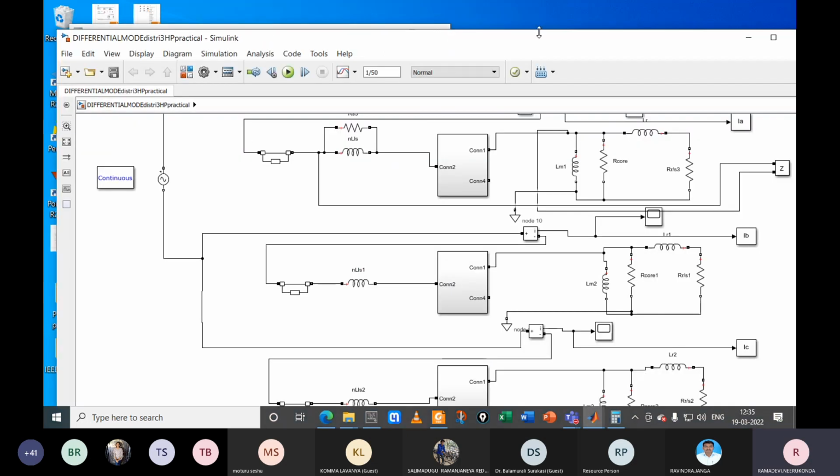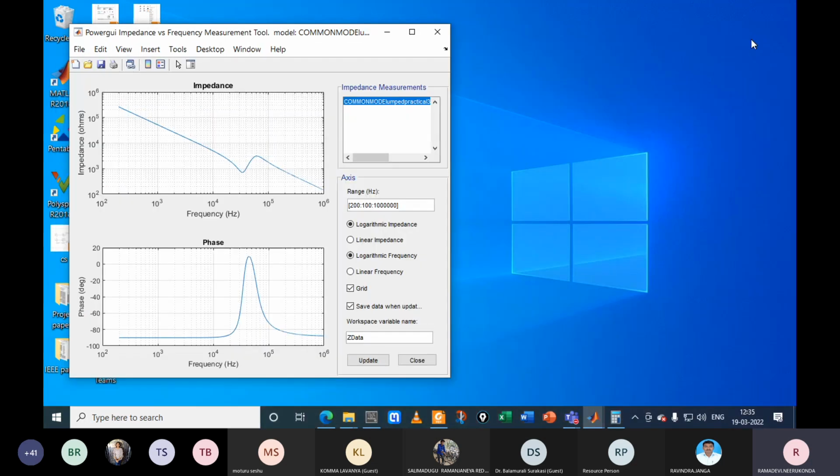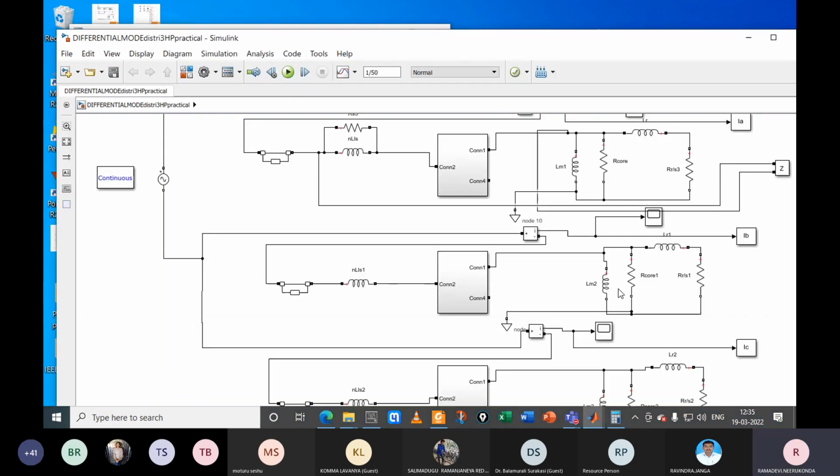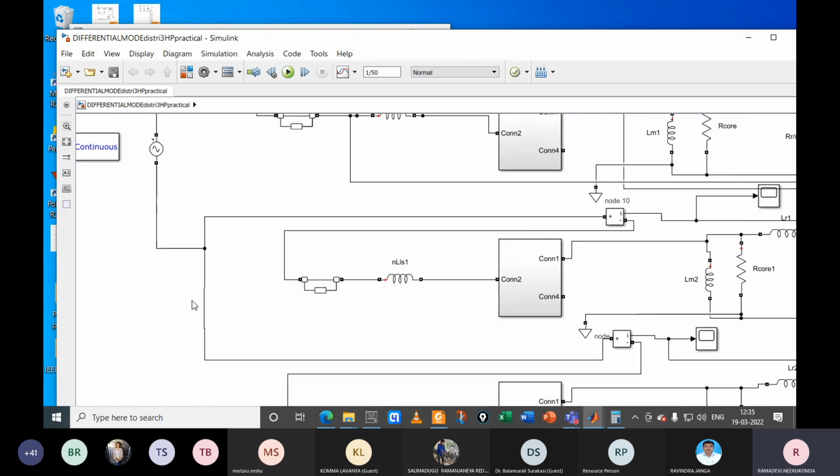Next is the differential mode representation. In the differential mode representation, whatever parameters we obtained from the practical data, the same parameters we incorporated here and created the distributed model.